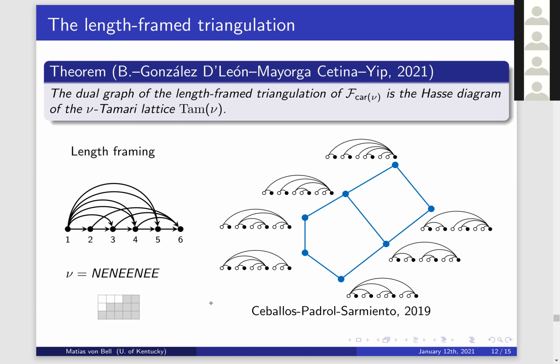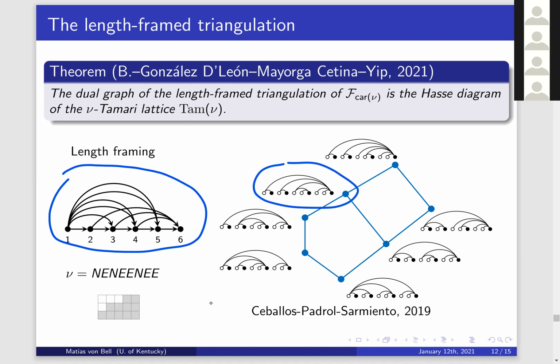You find a correspondence between maximal collections of routes in the graph here and these IJ trees, and it's not too hard to do. And then show that the adjacency relations between the simplices are the same as the covering relations in the Nu-Tamari lattice.